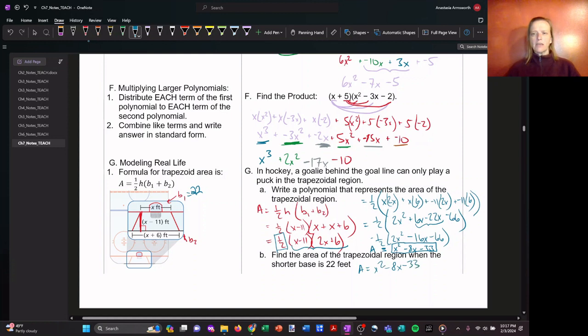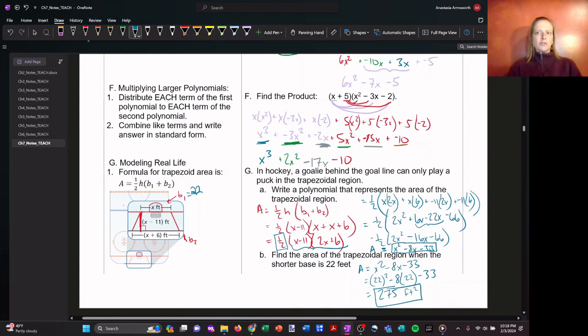I'm going to plug that number 22 in where I have that x. So 22 squared minus 8 times 22 minus 33. And if I plug that into my calculator, I get as my answer 275 square feet.